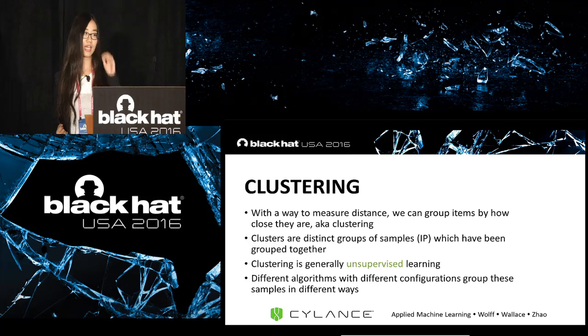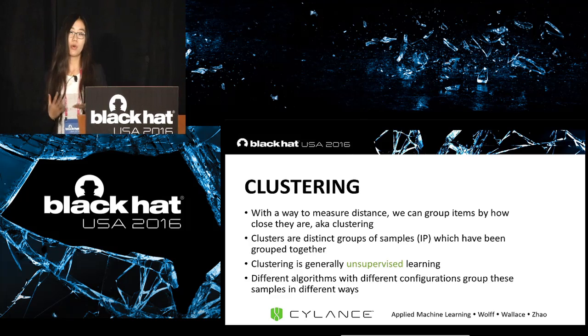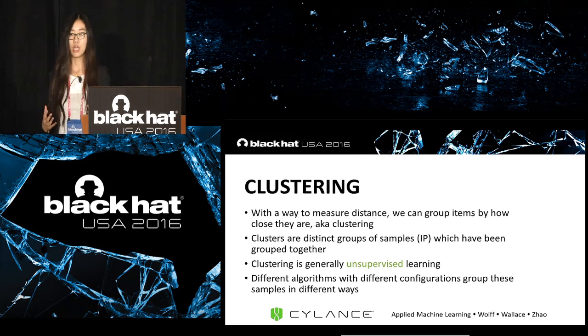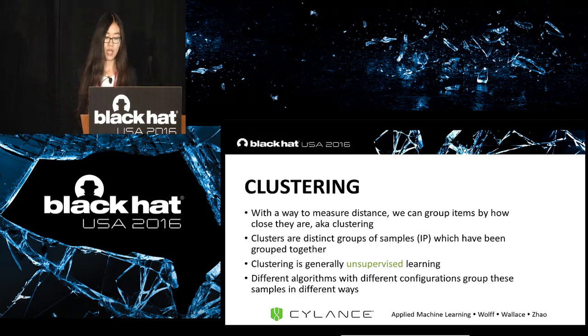Based on this understanding, we can group the points which are close to each other under this distance measurement, and we can separate the points which are far away from each other. The points which are grouped together will be one cluster. This whole process of getting clusters is called clustering.